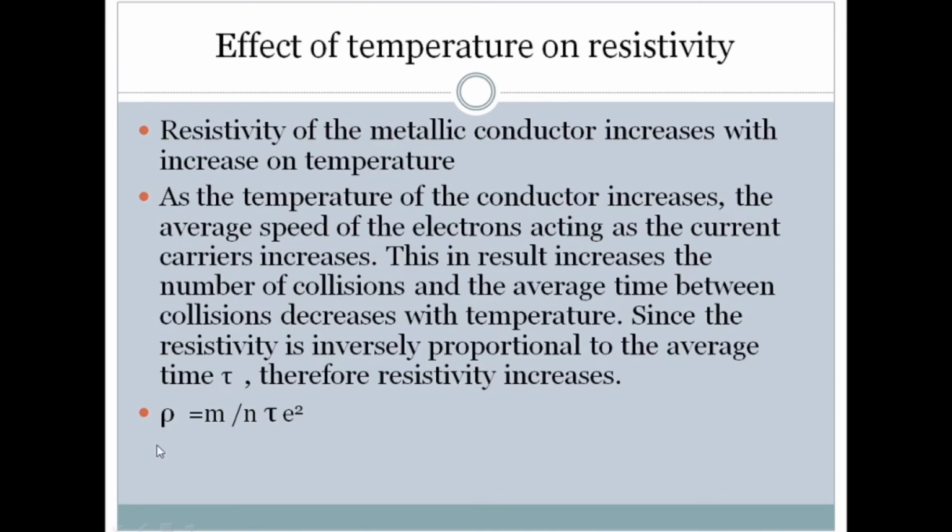We know the formula for resistivity. Resistivity is equal to m upon n e squared τ. So with the decrease in relaxation time, resistivity of the conductor increases. So it means that with the increase in temperature, resistivity of metallic conductor increases.